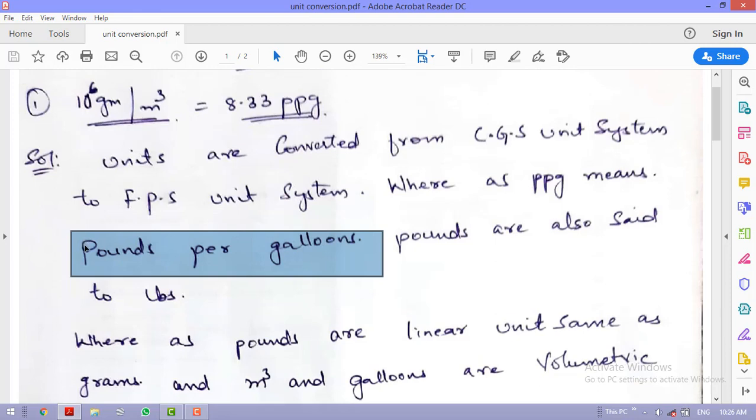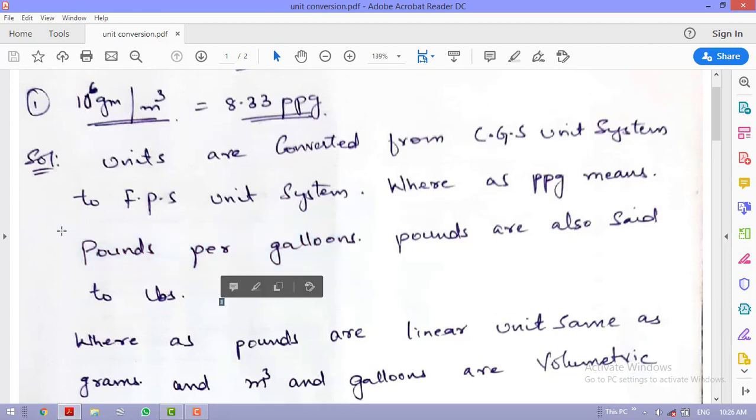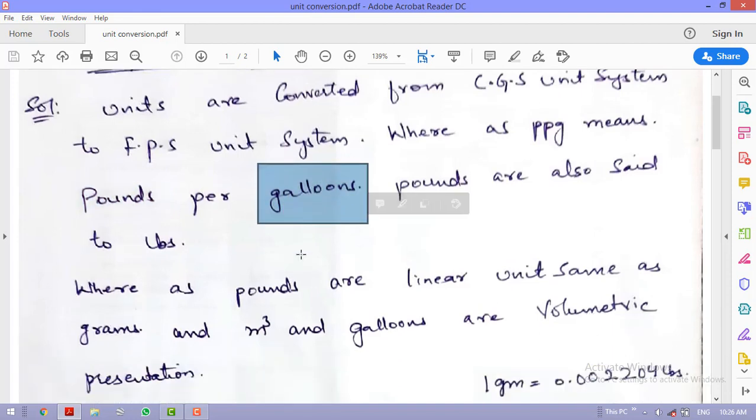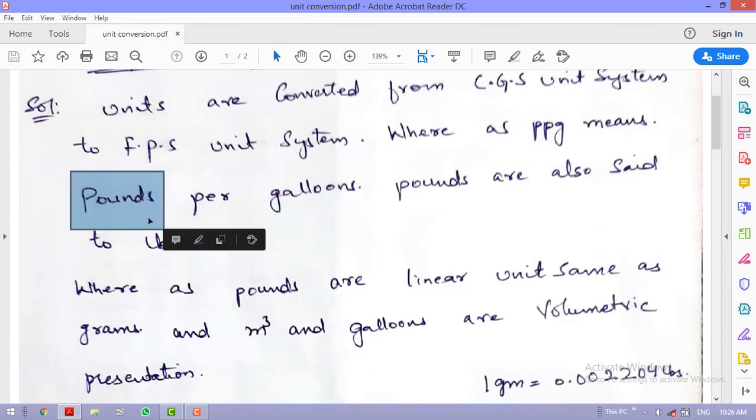You can see I wrote two terms here, one is pound and another is gallon. The gallon is a volumetric unit, whereas pound represents a mass unit, right?